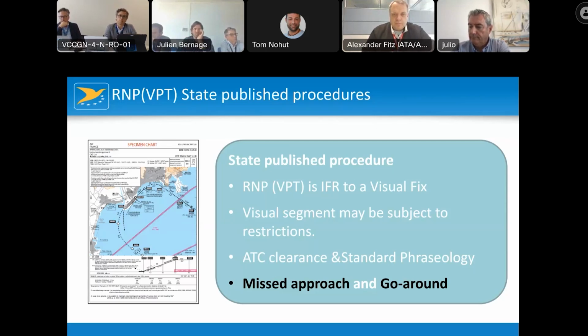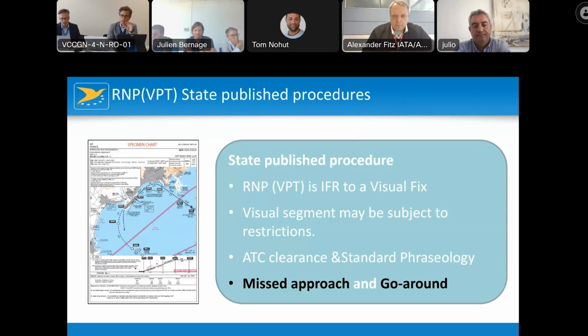In a state published procedure, ATC clearance and standard phraseology apply, and there is a clear indication from the controller to clear you to the RNP VPT Victor, whatever, to runway 25. The missed approach should be published, and it may also publish the go-around.